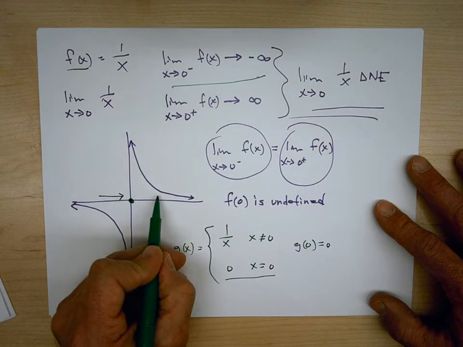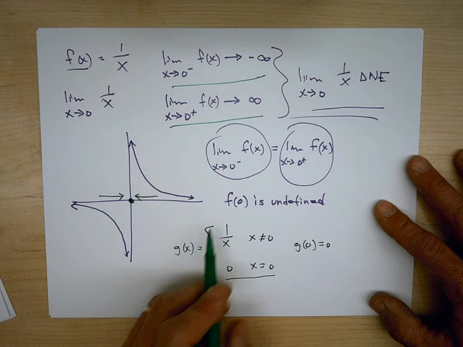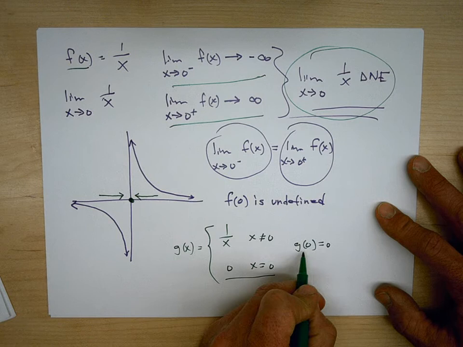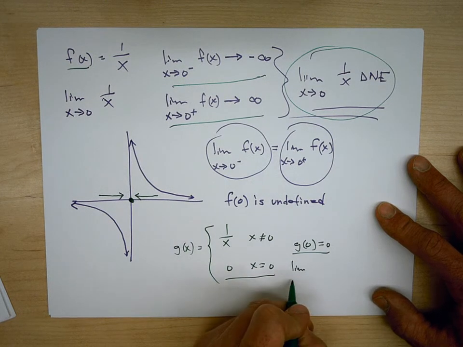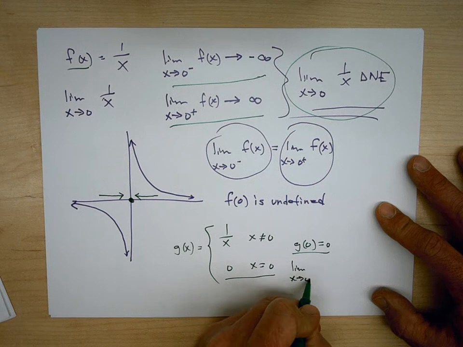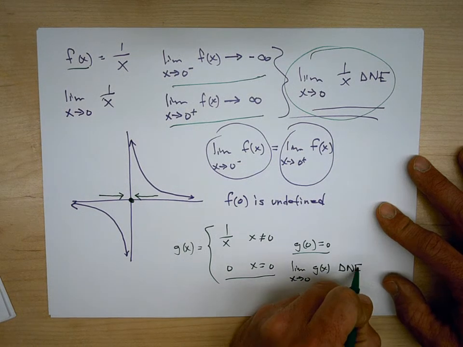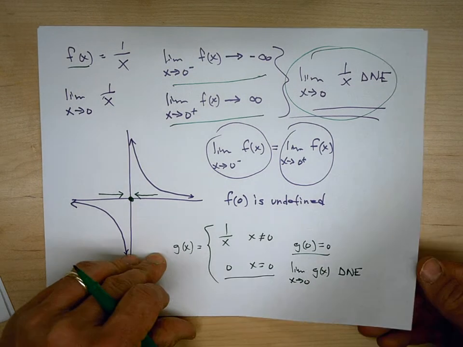As we get closer and closer to 0 from the right, this is still true. Therefore, that is still true. So we would say that even though g of 0 equals 0, even though it is defined, we still have the limit as x approaches 0 of g of x does not exist. All right, so that's the second way that a limit might fail to exist.